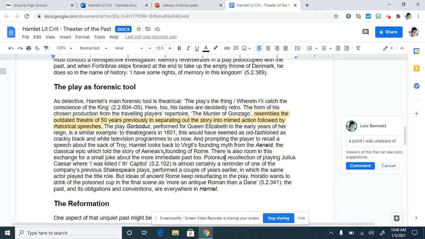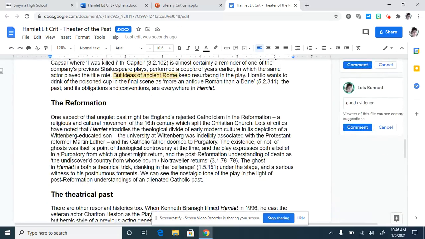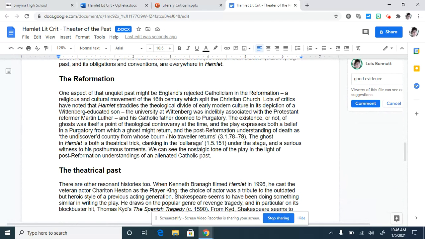And then there is also a connection here with ideas of ancient Rome. That is a strong point. It then goes into looking at Catholicism and the Reformation. This is another point that is not as strong.